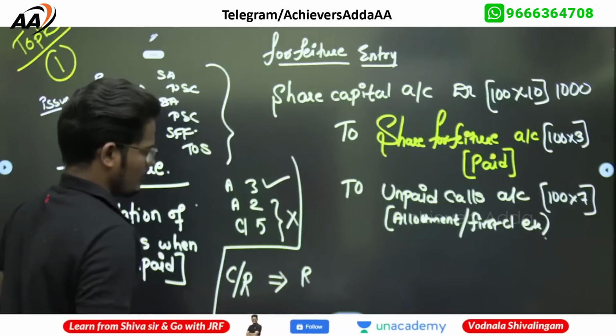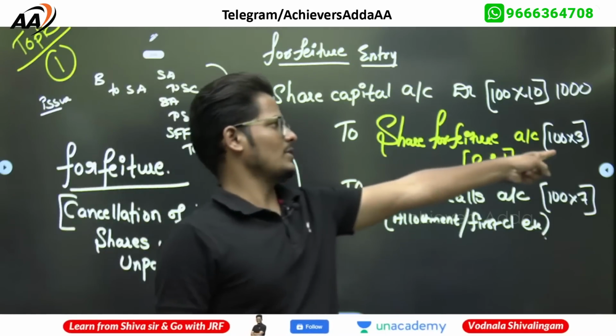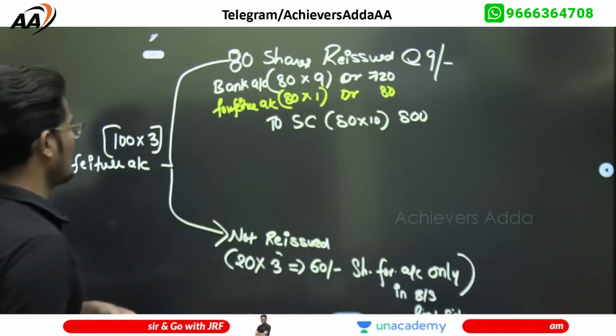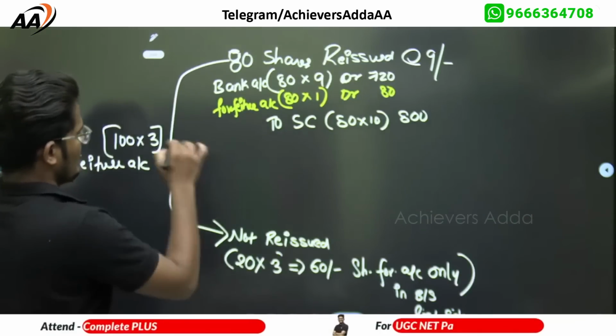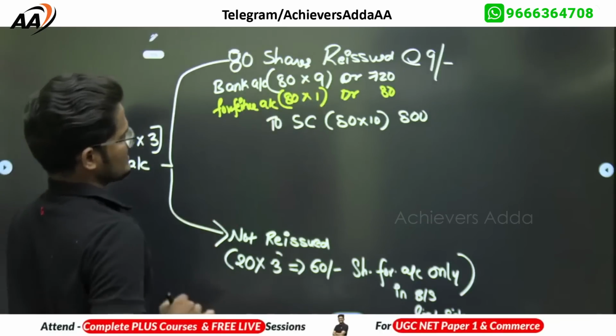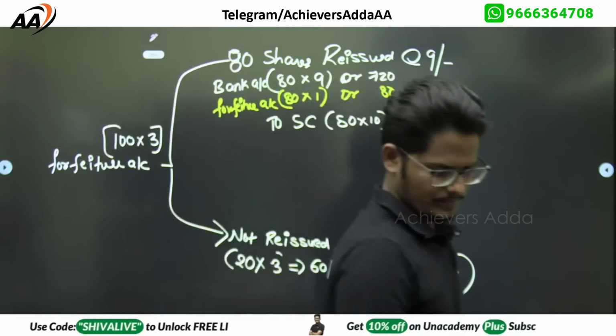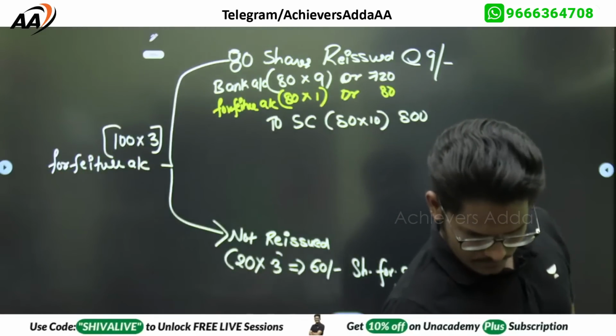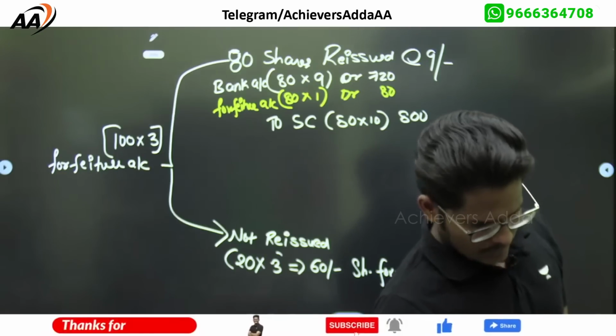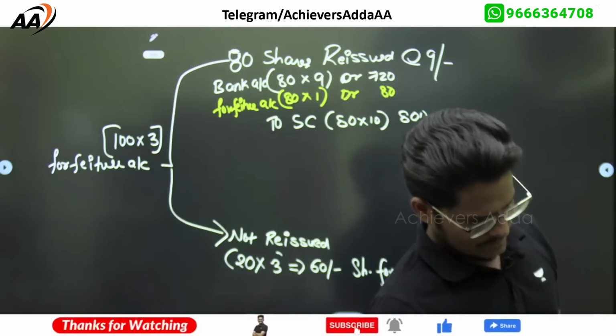In the forfeiture account, how much do we already have? 100 into 3 is there, but out of that, 80 shares only. Out of 80 into 3, 80 into 1 rupee got utilized.